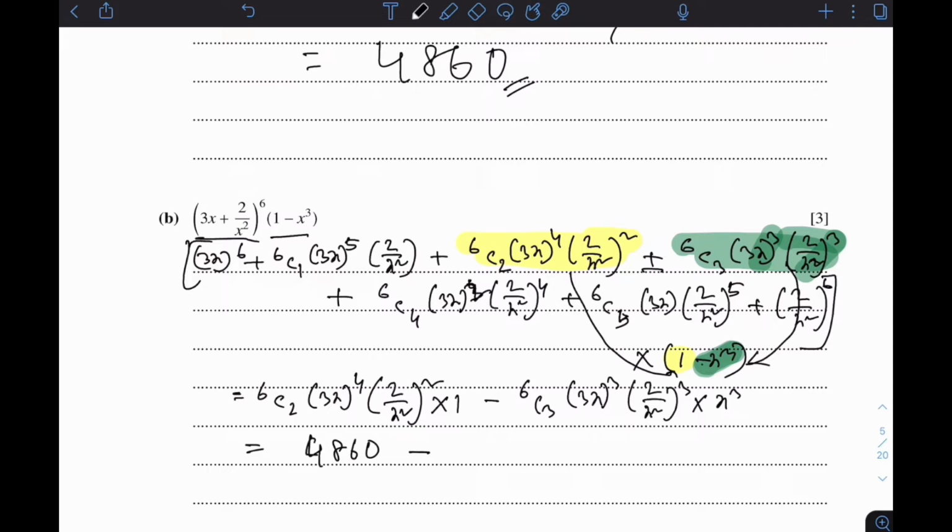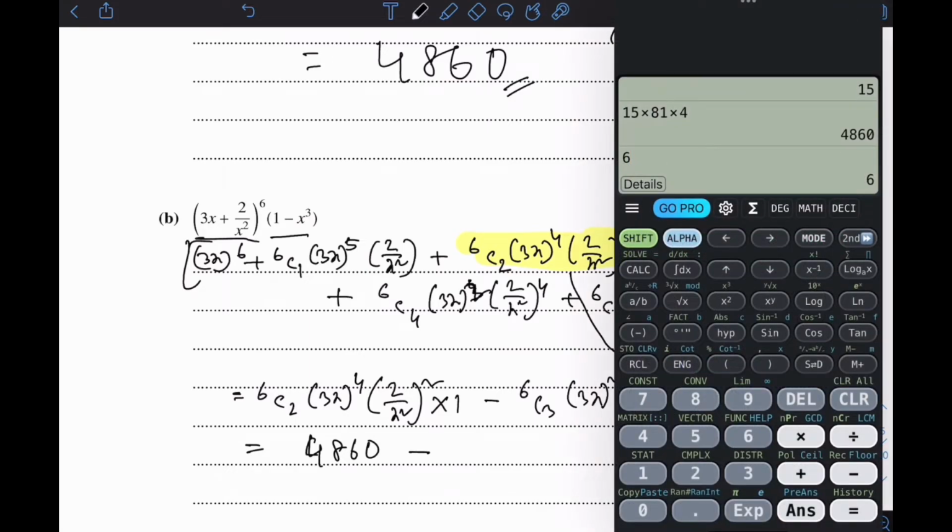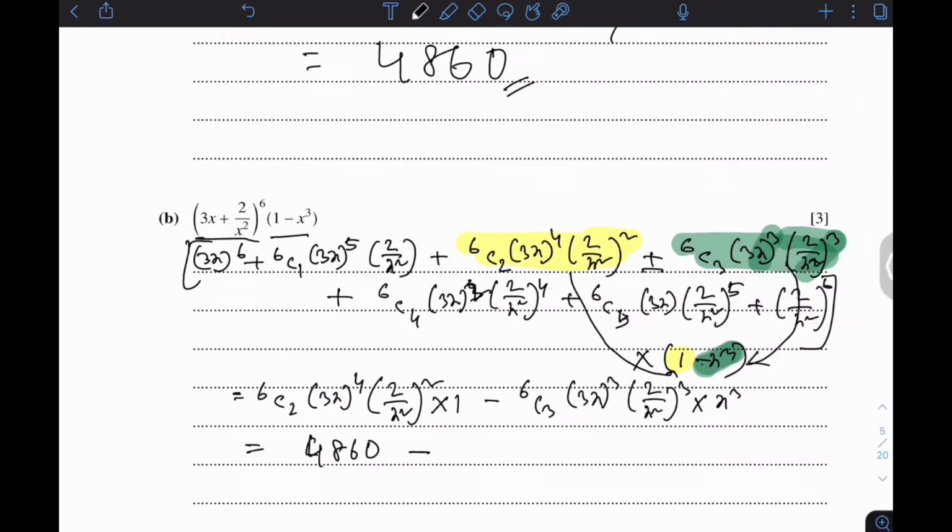Now let me find out the next one. Since there is no x in these terms, now if we simplify, 6 shift C 3, it is 20 into 3 cube, 27, x cube, there will be 8, then x to the power 6 into x cube. So this will be cancelled.